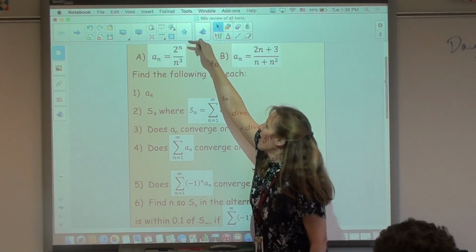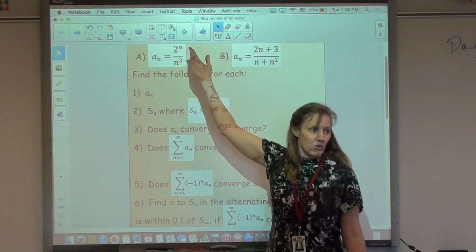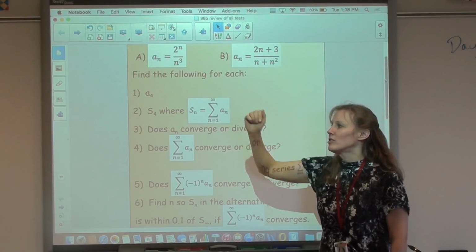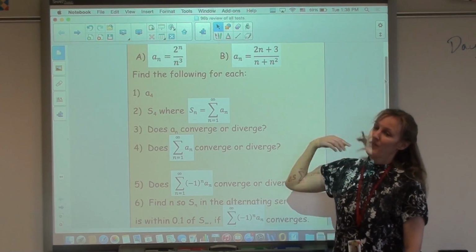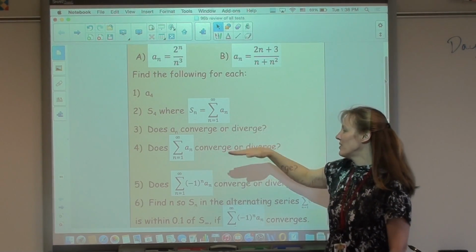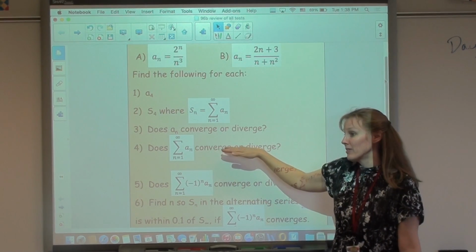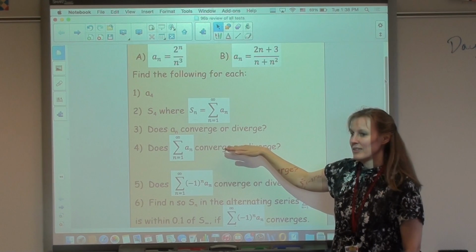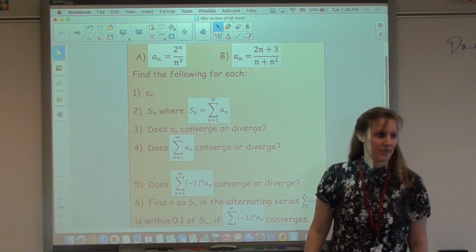You have an exponential over a polynomial, faster over slower goes to infinity, right? So the sequence diverges, and here's a nice little perk. If the sequence diverges, then the series diverges automatically by the nth term test, right? So that makes life really easy.